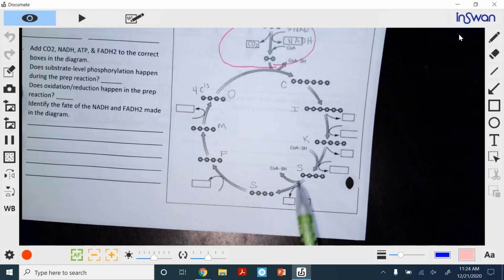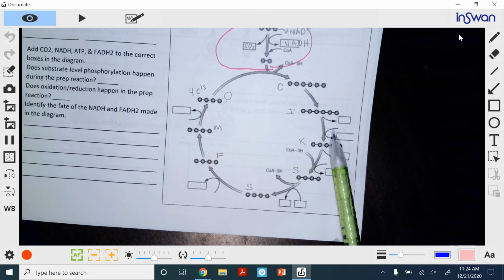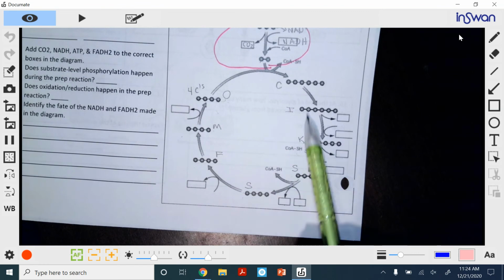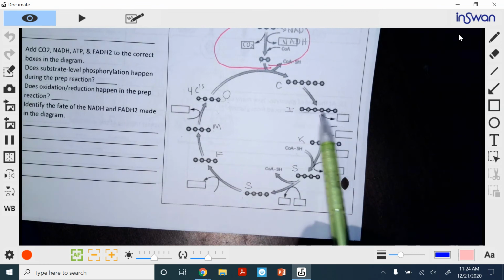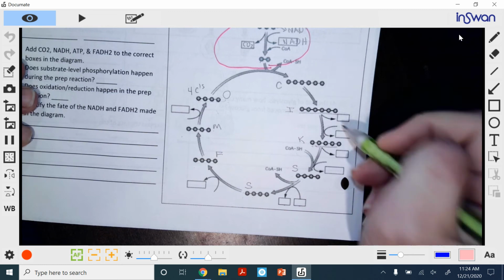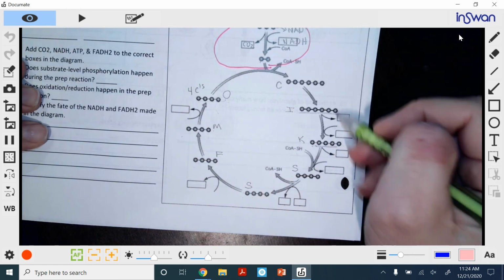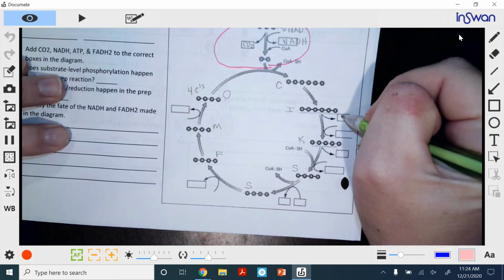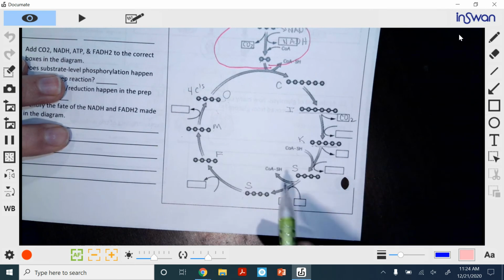So really, all I need you to understand is this diagram and kind of what's happening here. Do you see how this one has 6 carbons and this one has 5? One got lost, right? So in this step, we must have gotten some CO2 produced, right?